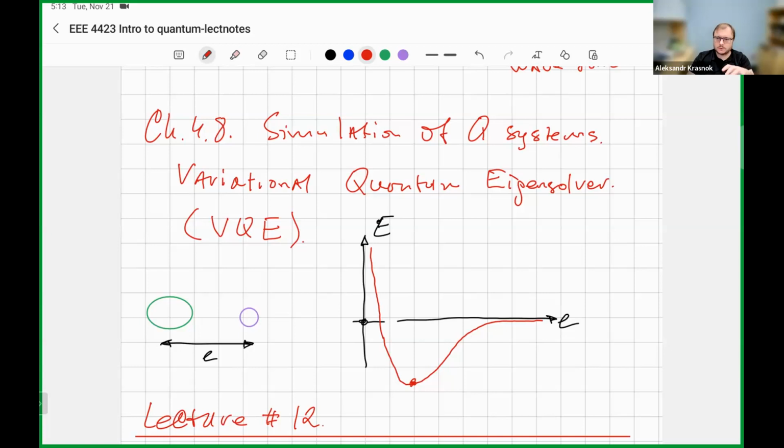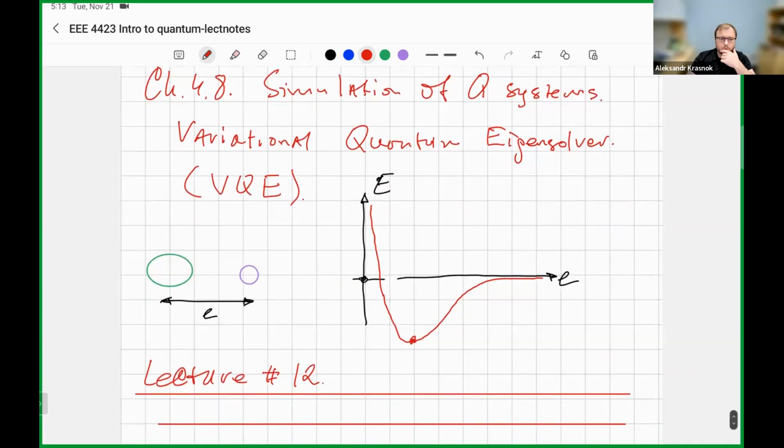It will allow us to maybe design molecules, including maybe medicine, maybe some materials for different purposes.